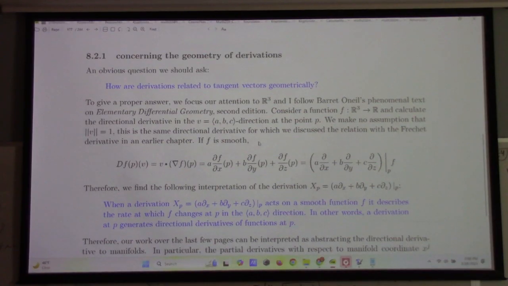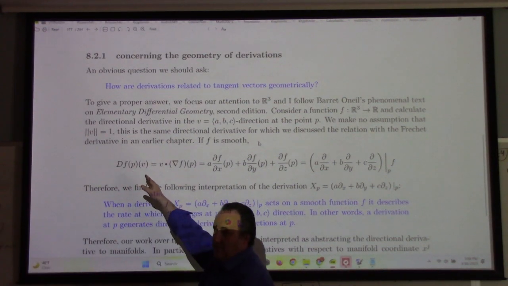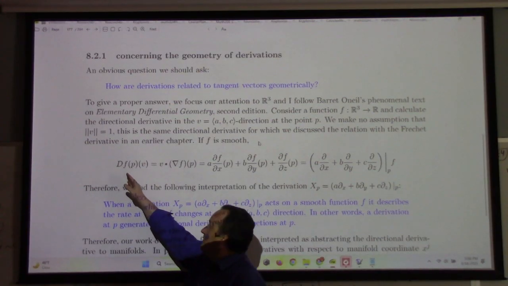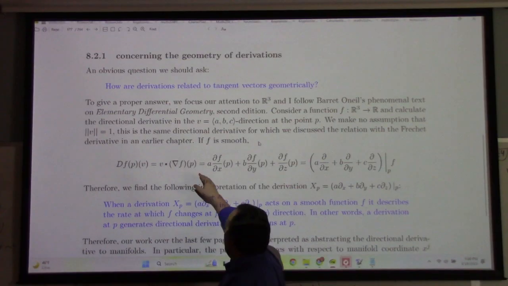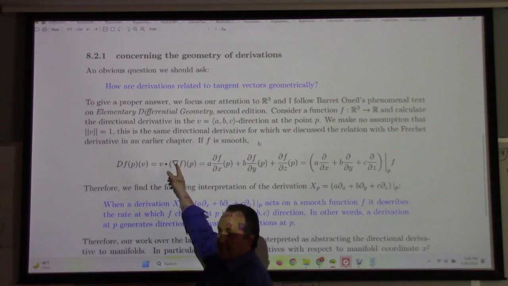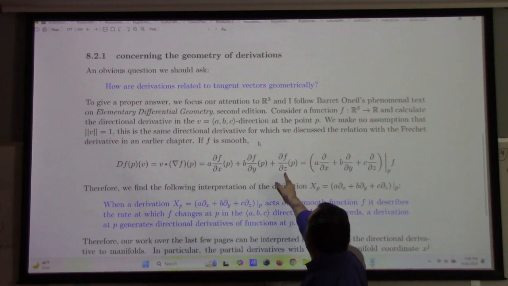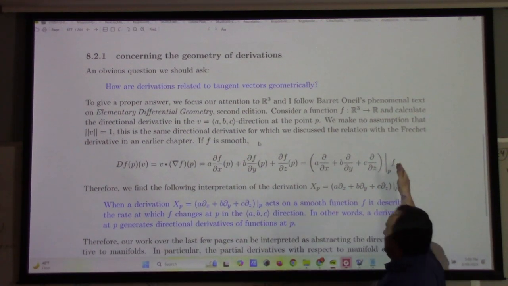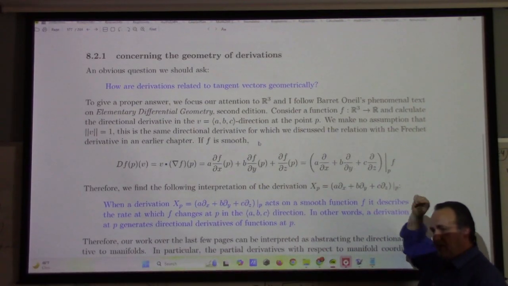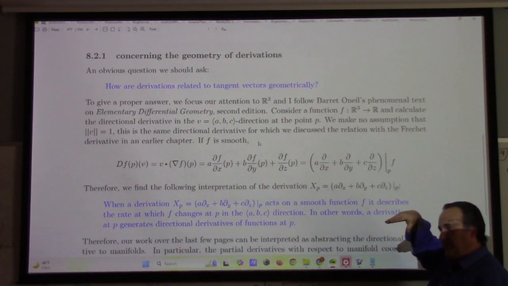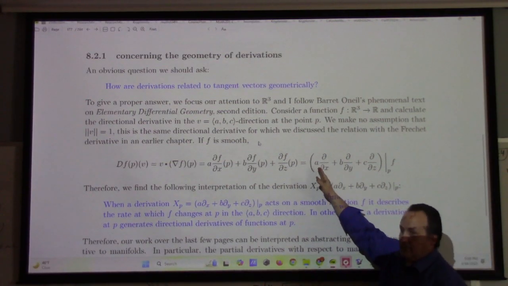He points out that if we look at the directional derivative from Calc 3, d_p f acting on v, the formula for that is v dot the gradient, which is this, times that. Even there, if you go back and look at it, you could think of the vector v being associated with the derivation right here.